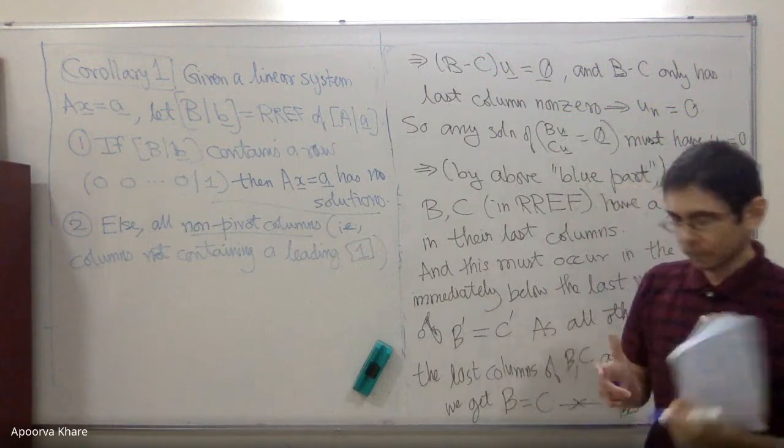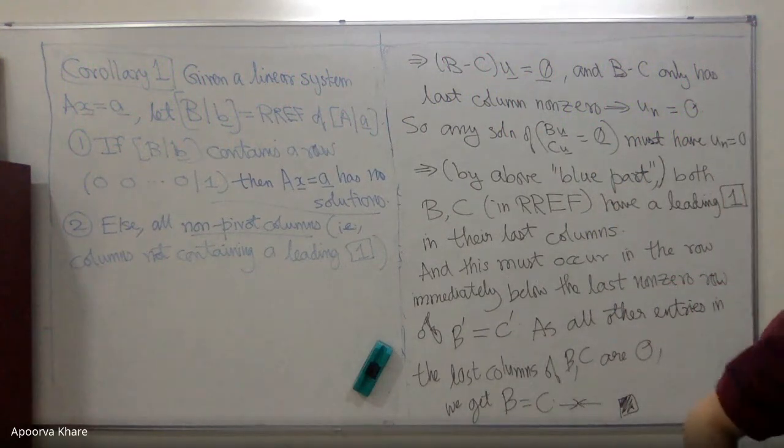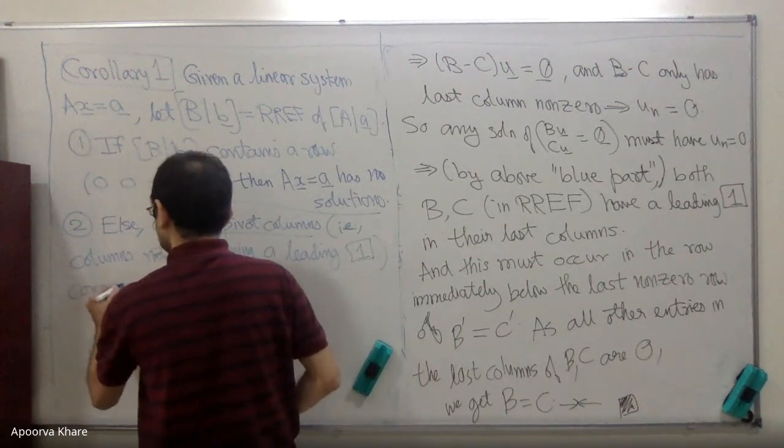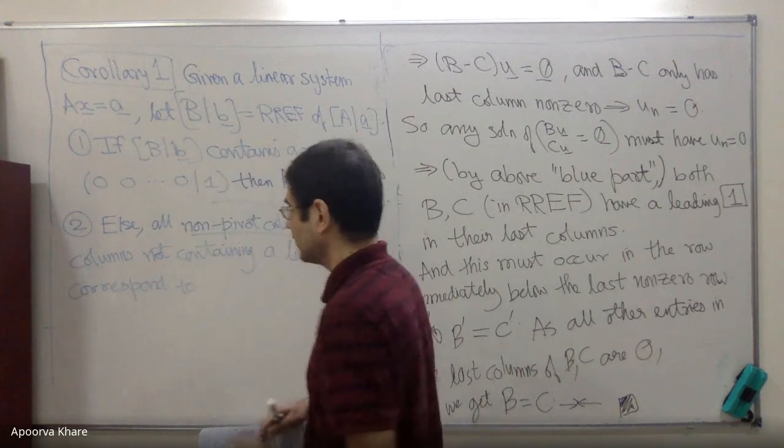So else, all non-pivot columns correspond to free variables. And we saw examples last time already.